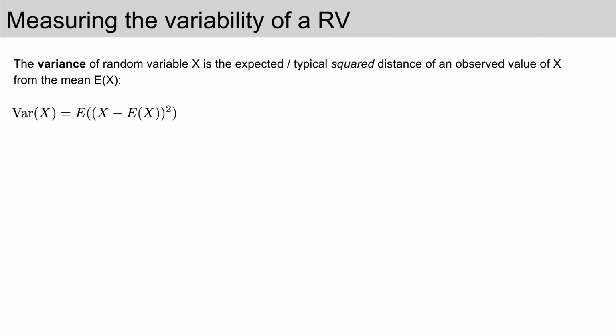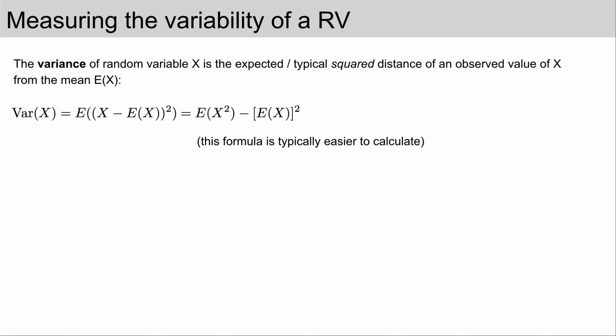All right, let's connect the concept of measuring the variability of sample data with measuring the variability of the underlying probability model. Just as with sample data, the variance of a random variable x measures the expected or typical squared distance of an observed value x from the mean E of x. The formula for the variance follows from this definition. It's the expected squared distance of an observed x value from its mean E of x.